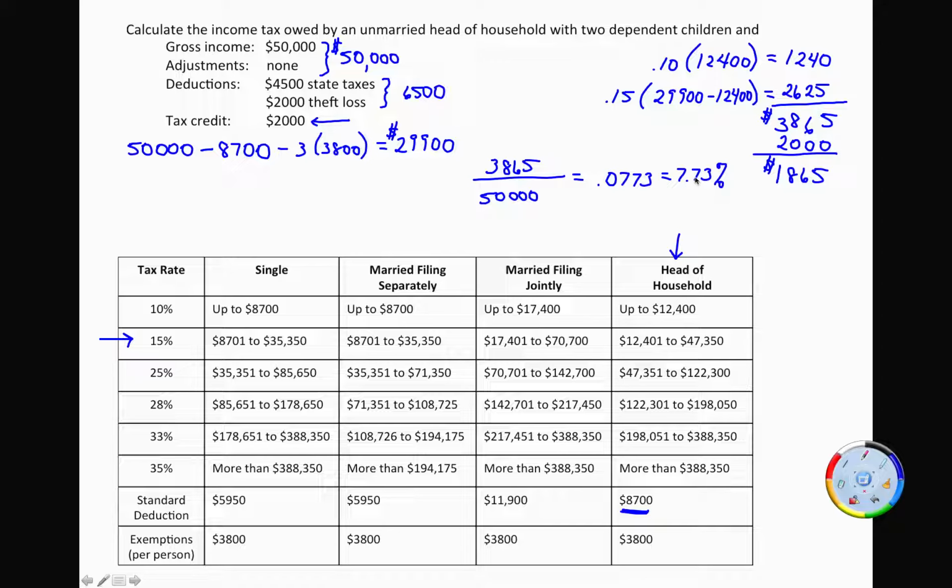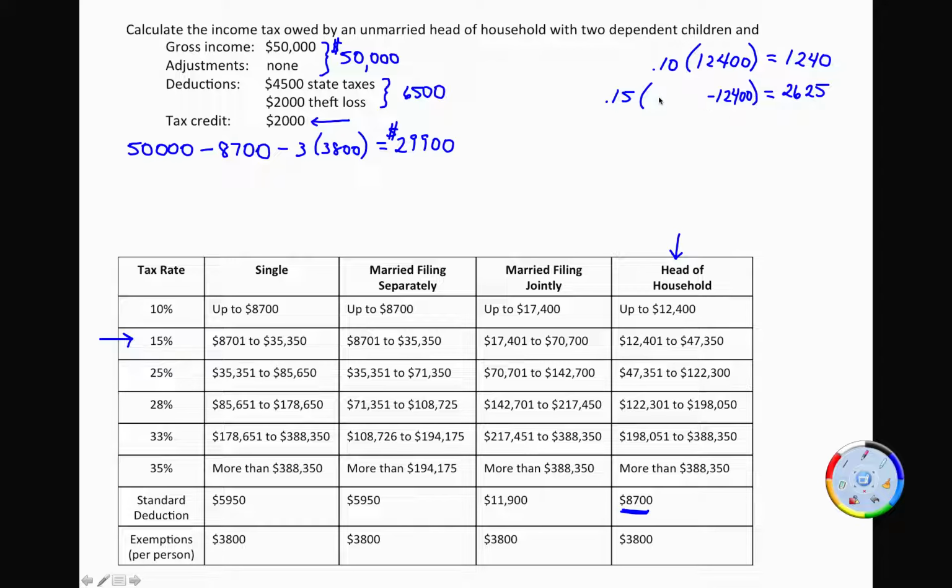Okay, I think this is the last sample, but since we didn't go to anything above the 15%, just so you can see how that works, let's adjust this a little bit and see what we would do for the next step.